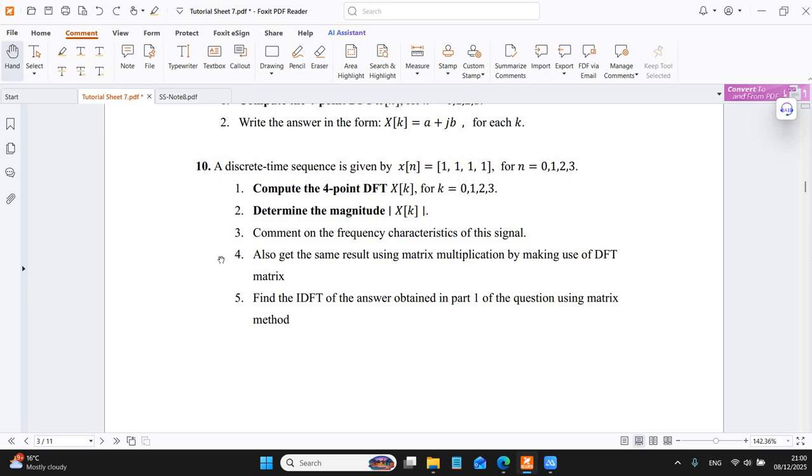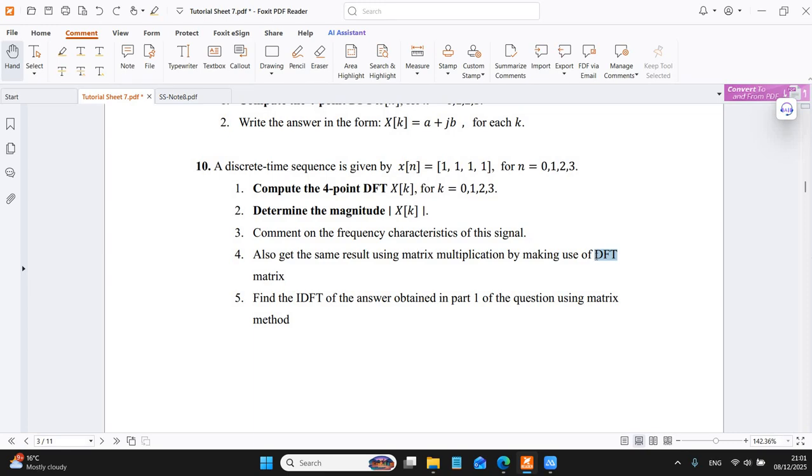Then we have to find the magnitude of x of k. Then the another part is comment on the frequency characteristics. Then the fourth one is to find by using the DFT matrix. Anyway, we'll be using DFT matrix.